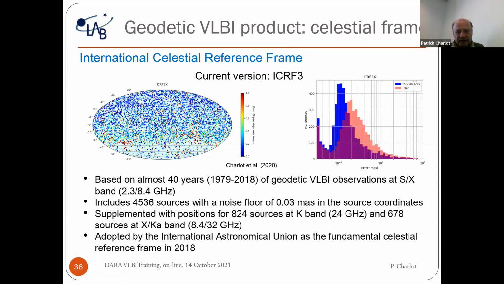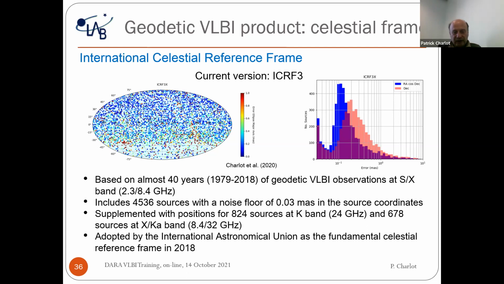Last product, the celestial frame. The celestial frame is made of the positions of a number of extragalactic sources, the quasars, which are very far away. So far, we have more than 4,500 sources for which we measured their position very precisely.